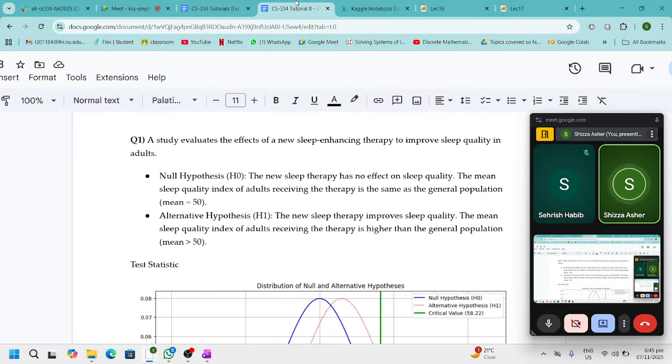I will choose difference in means right now. I will compute the mean of both groups. So let's see. Mean of group receiving therapy minus mean of group not receiving therapy.